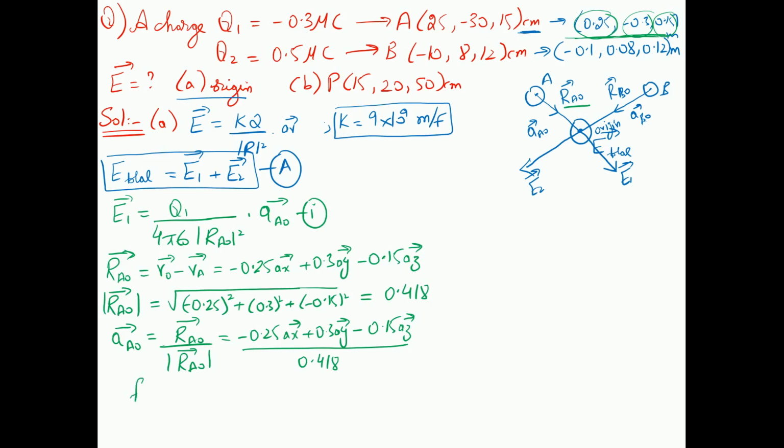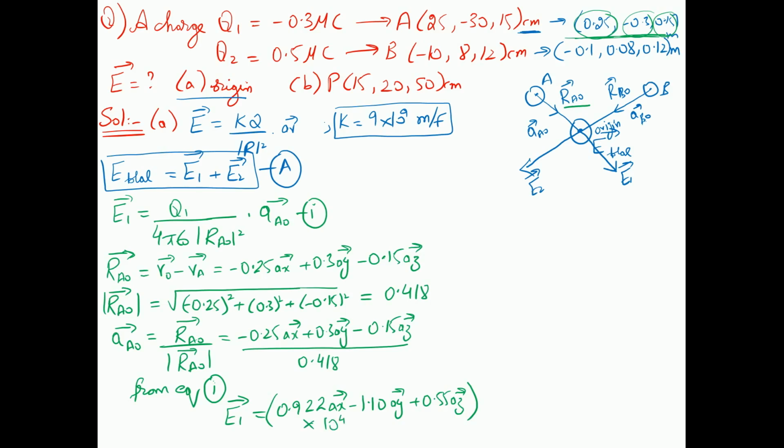So we have all the needed values. Incorporate this: from equation 1, put everything into equation 1. The value of the electric field comes out to be, so I'm going to write the final equation, and you can double check if it's right or not. It comes out to be 0.922 a_x, then minus 1.10 a_y, and plus 0.55 a_z, and this is all multiplied with 10 to the power 4.